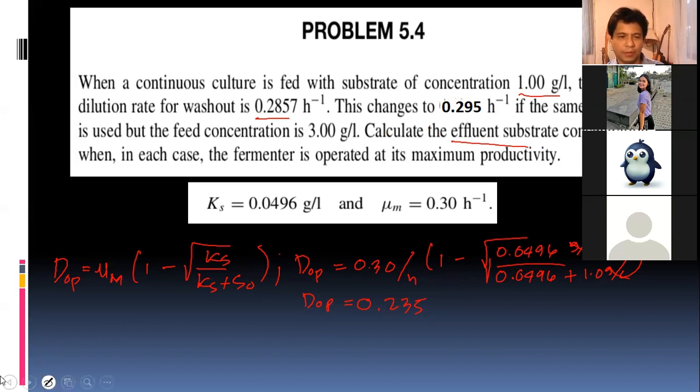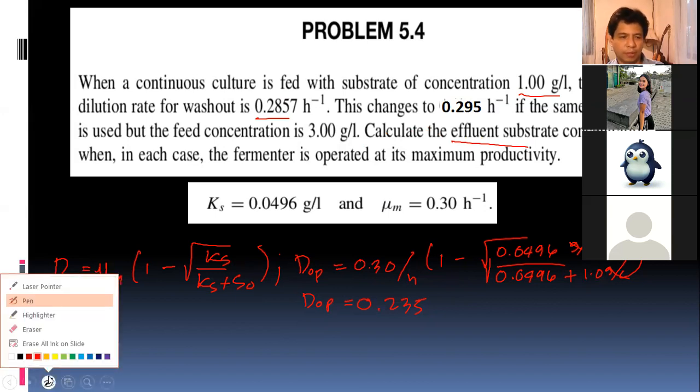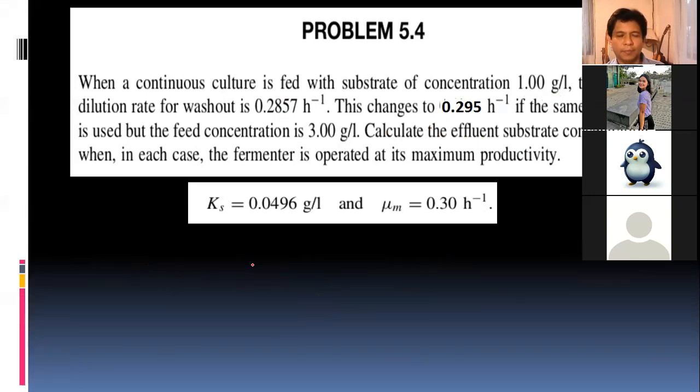So, in order to find S, gamitin nyo lamang yung susunod na equation. I'm going to clear this, ha? Yung dilution rate equation: D is equal to mu m times S divided by K sub S plus S. Substitute nyo lang yung na-calculate natin, yung 0.235, basically ito yung hinahanap, per hour.